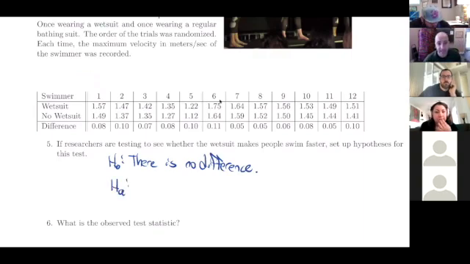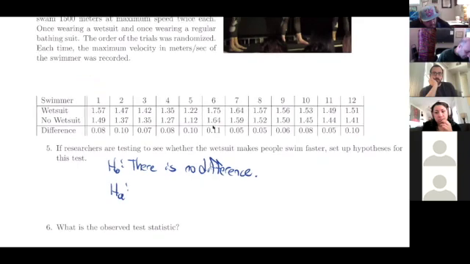And for HA, now we want to consider whether there's some direction implied. We're pretty split here between it doesn't make a difference and it helps people swim faster. Since they were suspicious that this would help people swim faster, that should be the alternative hypothesis, if that's what they want to show.